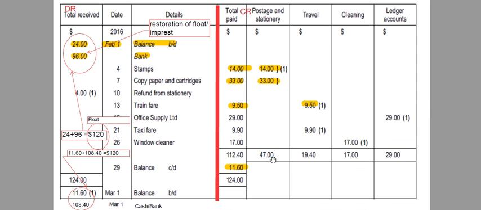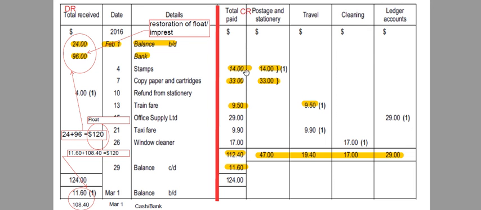Postage is adding up to 47, travel is adding up to 19.4, cleaning is adding up to 17, and ledger accounts 29. All of these added up give you 112.4. This 112.4 should be checked by adding down and across.